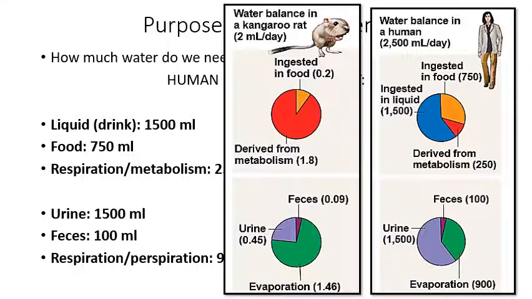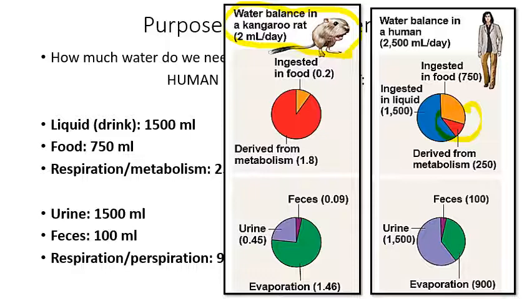Now this is a little interesting comparison. There is a little tiny rodent that lives in the desert, which is referred to as the kangaroo rat. And just to point out that humans generate 250 mils of their daily water budget through breathing, which isn't a big amount. It's about 10% of our water budget we generate through breathing.